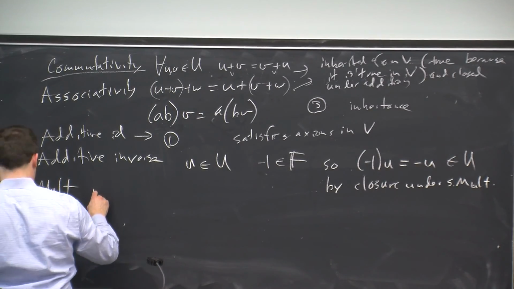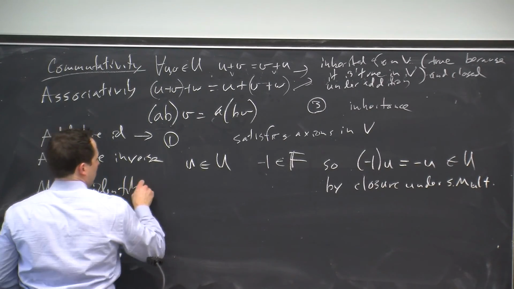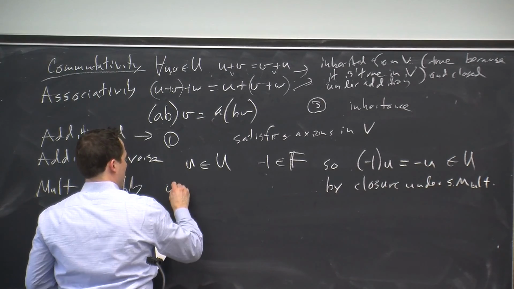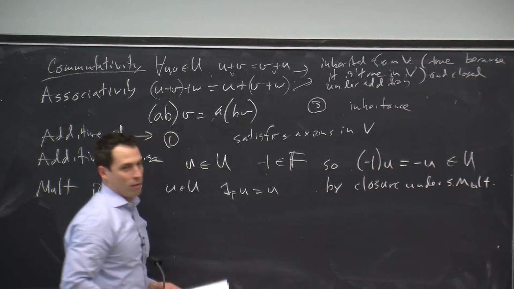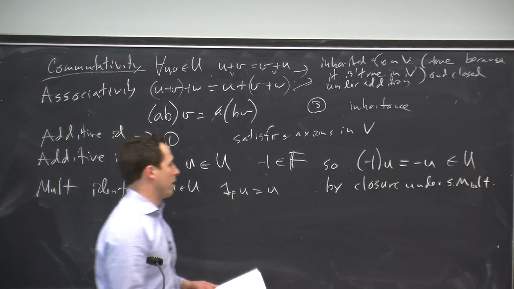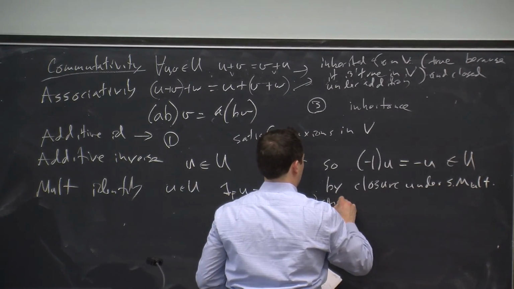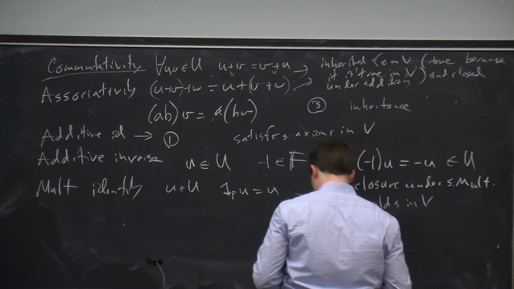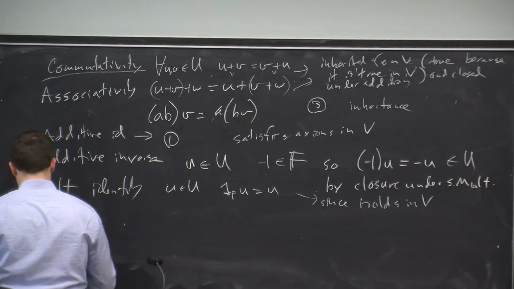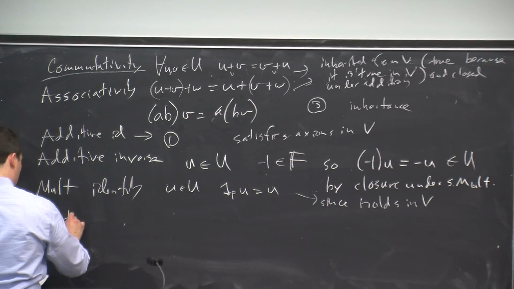Multiplicative identity. Well, there's really not much to say there. U is in U. The fact that 1 times U is equal to U follows immediately from the fact that it holds in V. And finally, the distributive properties.